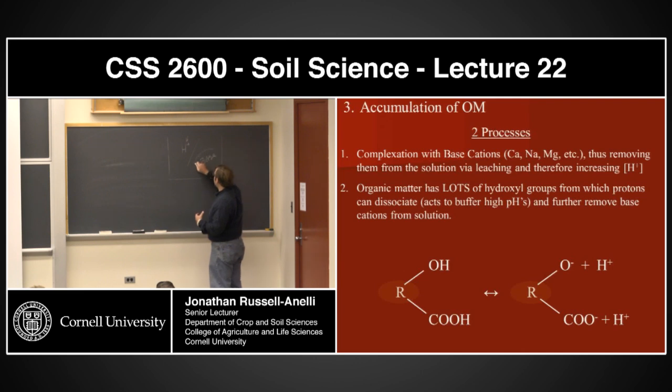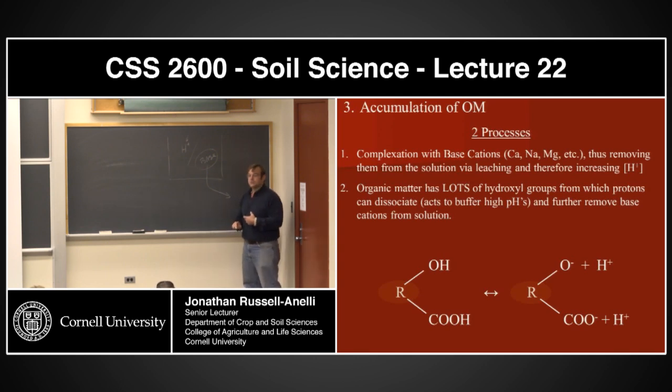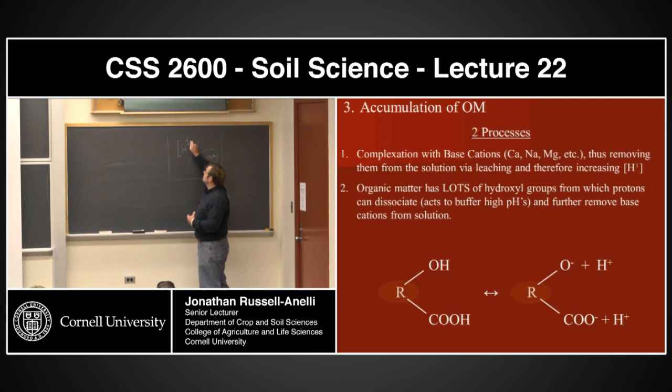So what's going to happen if I start collectively pulling these out of the soil solution and leaving this behind? The relative concentration of this is going to do what? So what is that going to do to the pH? It's going to increase the protons, which means it's going to lower the pH, right?